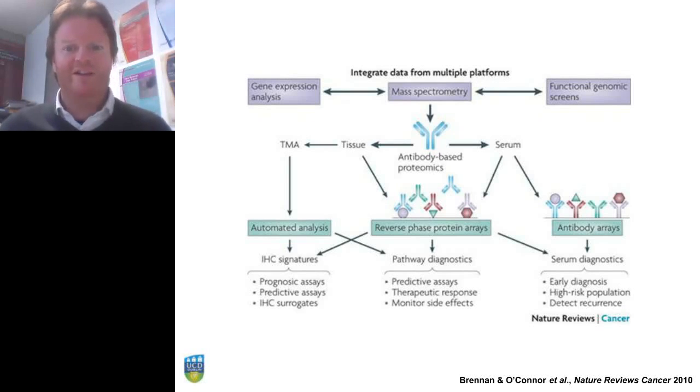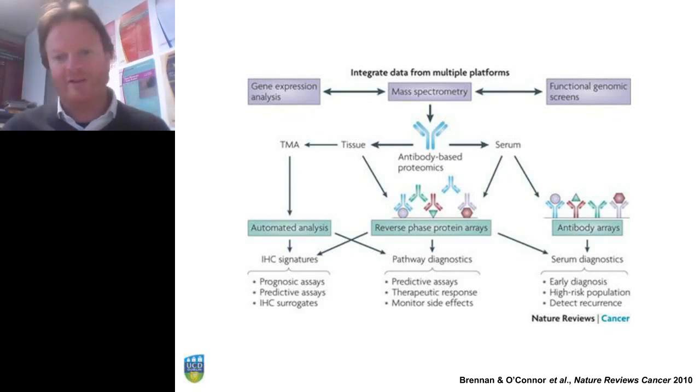So we start from multiple different discovery platforms, using things like gene expression analysis or data from mass spectrometry or functional genomic screens in order to identify lead biomarker candidates that we can then go on and validate.